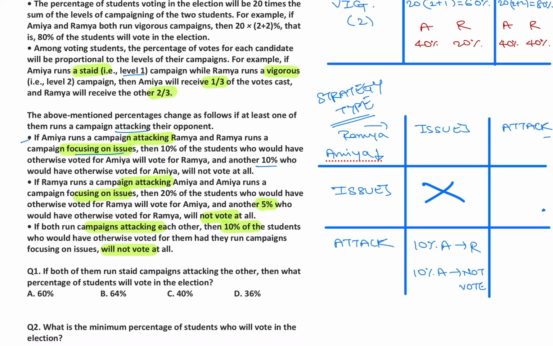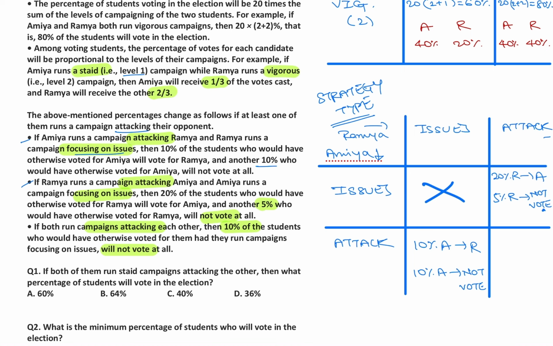Then 20% of Amya's votes will get redirected to Ramya, and 5% will now not vote at all. 5% of Amya's people will now not vote at all. Okay, so I'm done with the second point as well.